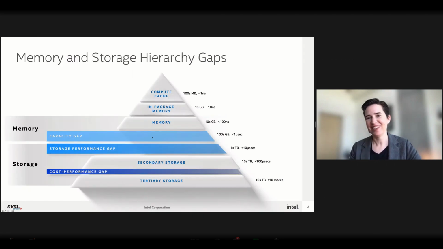So you saw some of these charts earlier of memory and storage hierarchy gaps that we've had over time. One of the things that we've been doing with NVMe, and I go back to when I first started at Intel, one of the first projects I worked on was Serial ATA development with Knut Grimsrud. Building upon where we went with Serial ATA and really optimizing what we could do with hard drives, how do we enable the era of SSD storage?